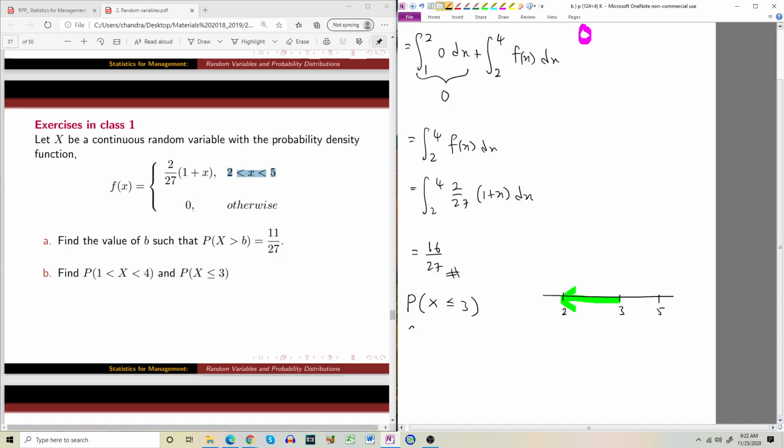So this means you integrate 2 to 3 and your answer should be 7/27.